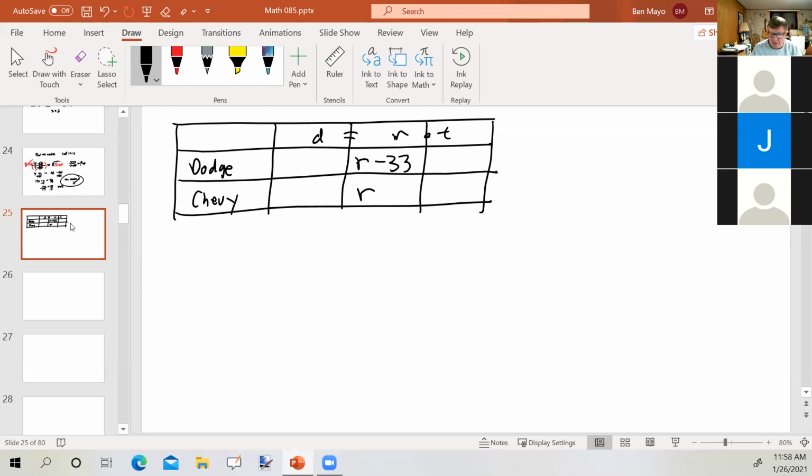So the Dodge is R minus 33 and the Chevy is R. At their top speeds, a Chevy can travel 6 miles in the same time that a Charger can travel 5 miles. So the Dodge travels 5 miles, going 33 miles an hour less than the Chevy, which travels 6 miles. It says, find the top speed of each car.